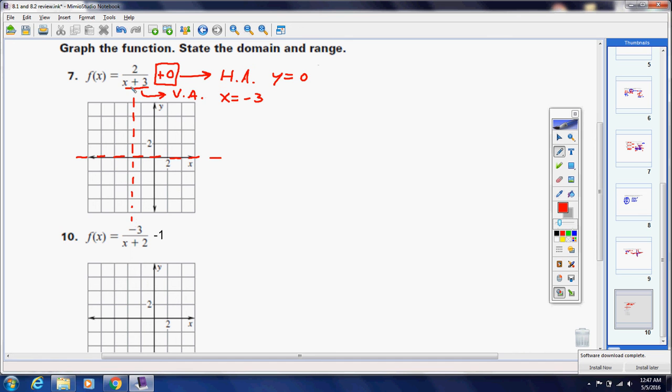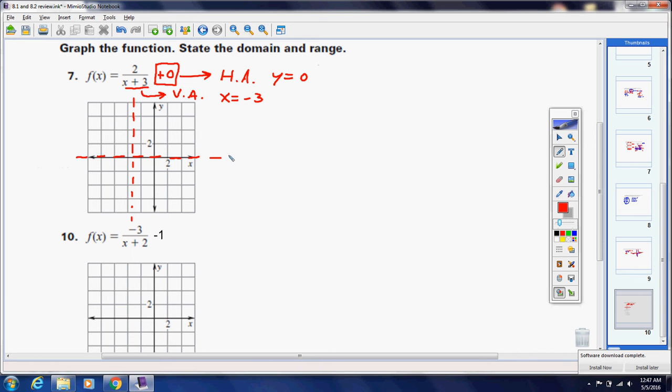All right, and then we can get more accurate as to what our drawing looks like by plugging in a few values for x and seeing what y equals. And we want to plug those in kind of close to this vertical asymptote, because we know as we get really far out here, we're going to get really close to our horizontal asymptote.